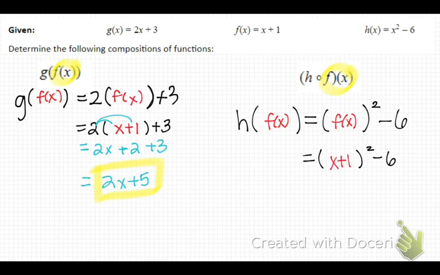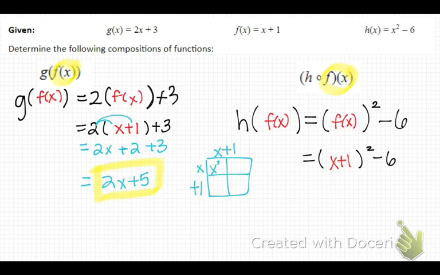X plus 1. Now, do I distribute that square through like this? No. I use the box method or FOIL or regrouping, however it is that you do it.